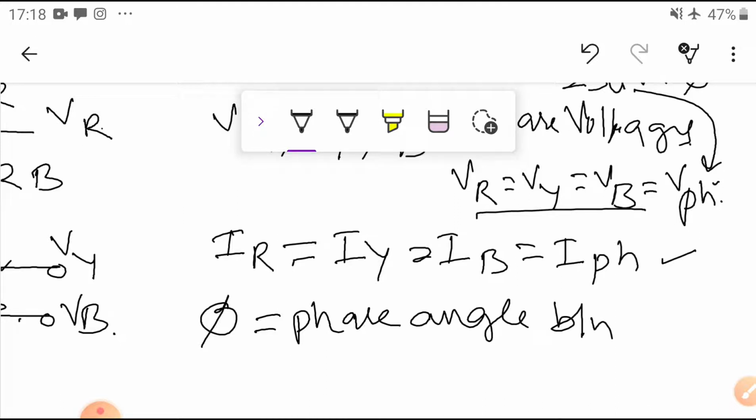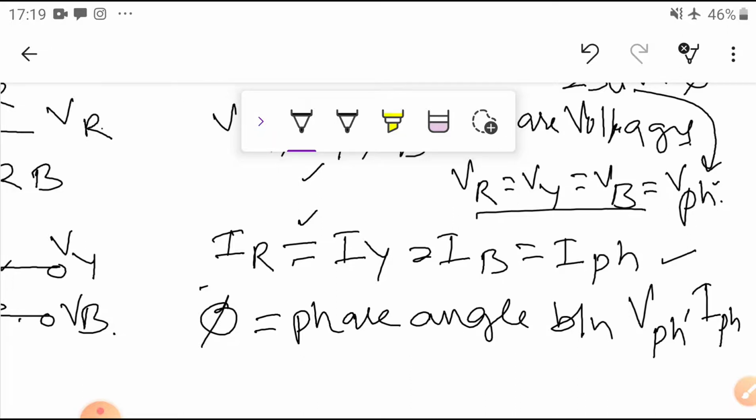So this phase angle is between V phase and I phase, that is, the cosine of the angle between the voltage and current is the power factor. Now, what is the phase angle between one phase, we can take it.